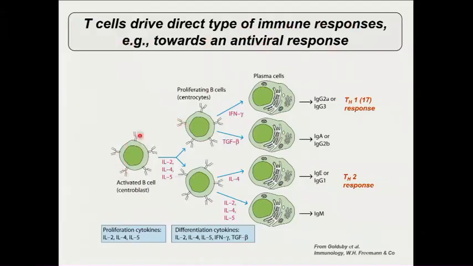So here we have our activated B cell, and here we have it undergoing clonal expansion, and here we have a couple of plasma cells, and they all produce antibodies, but they produce slightly different antibodies. We will have a lecture more on antibodies, but I can tell you already that we have different classes and different subclasses.